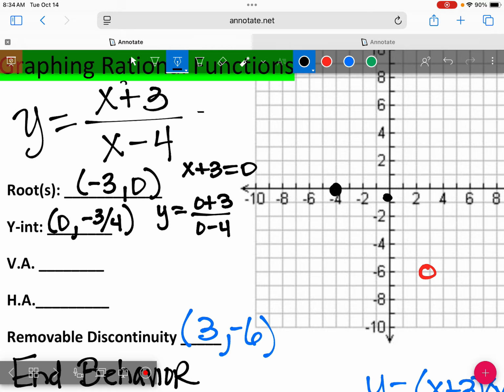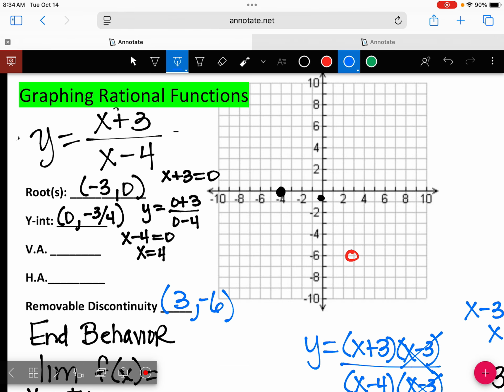Vertical asymptote comes from your denominator. x minus 4 equals 0. So we have x equals 4. I'm going to go ahead and draw that in. x equals 4.